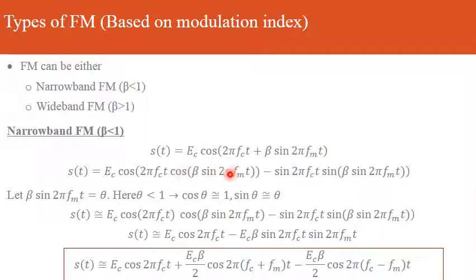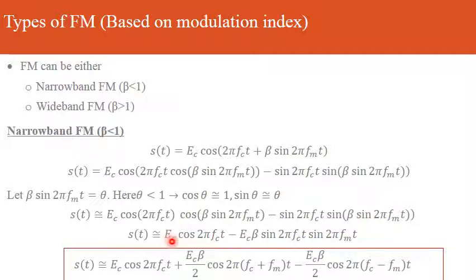In this equation we approximate cos theta as 1, so this term becomes Ec cos 2π fc t. Now sin theta is approximated as theta, that is sin(β sin 2π fm t) becomes β sin 2π fm t.